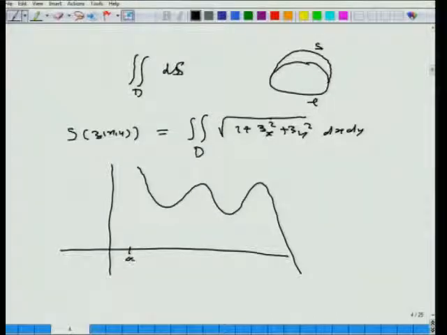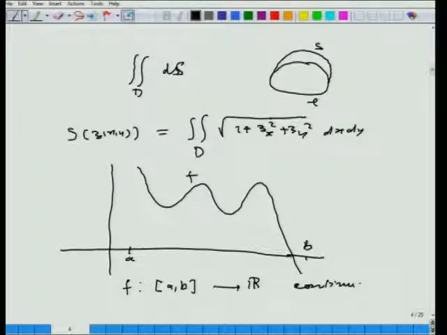Let us say this is the point A and this is the point B. So this f is defined from the interval A to B into R, and this function is at least continuous.